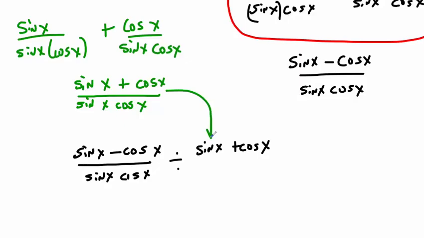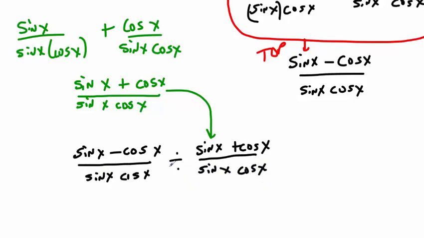So that would be what this piece is that we're dividing by. We know this was our top, our numerator right here, and the green was our denominator. So I'm just dividing that out. And then this would be sine x cosine x.